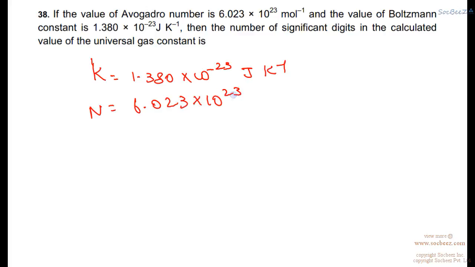Here N is 6.023 into 10 raised to the power 23 per mole. Well, we know that universal gas constant R is K into N.